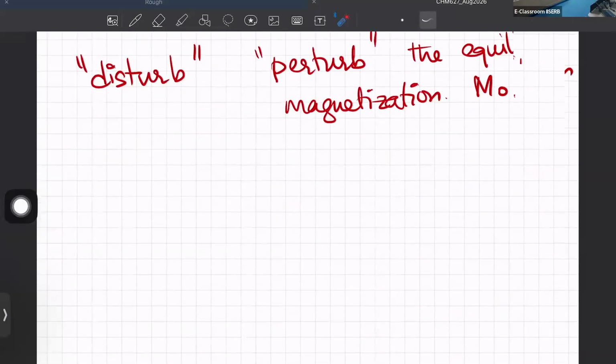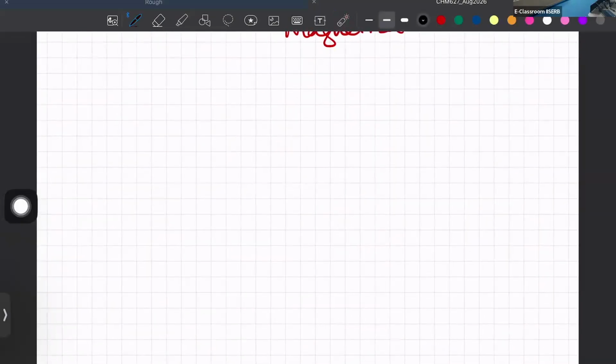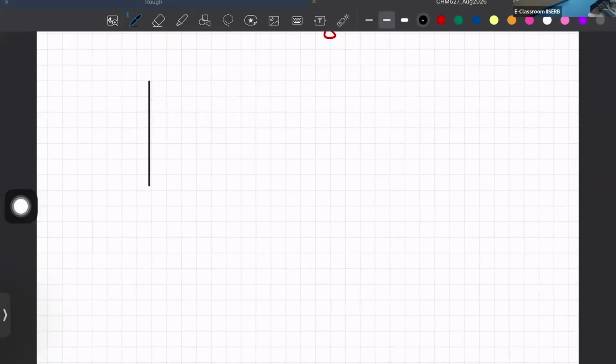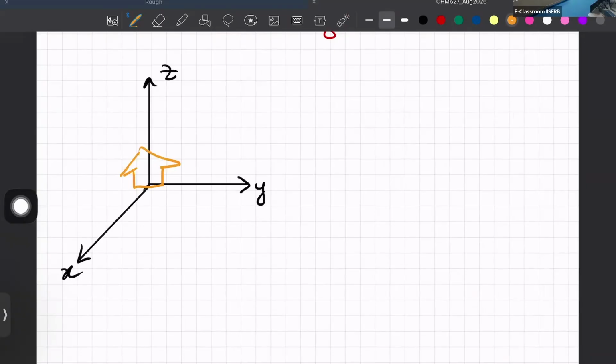So let's say that we started with this kind of a case, where you had the M naught collinear with B naught, then you applied an RF pulse.